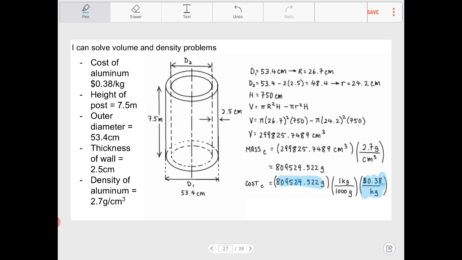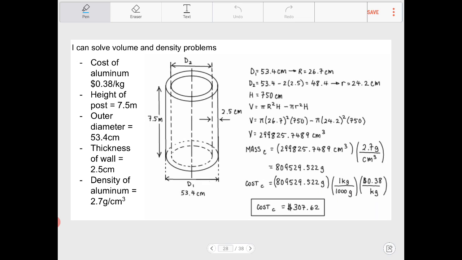In order to do that, I will need to divide by 1,000 grams. So 809,529 divided by 1,000, I will end up with kilograms. And once I have the measure in kilograms, I multiply that by 38 cents. I end up with $307 for each one of these cylindrical posts.